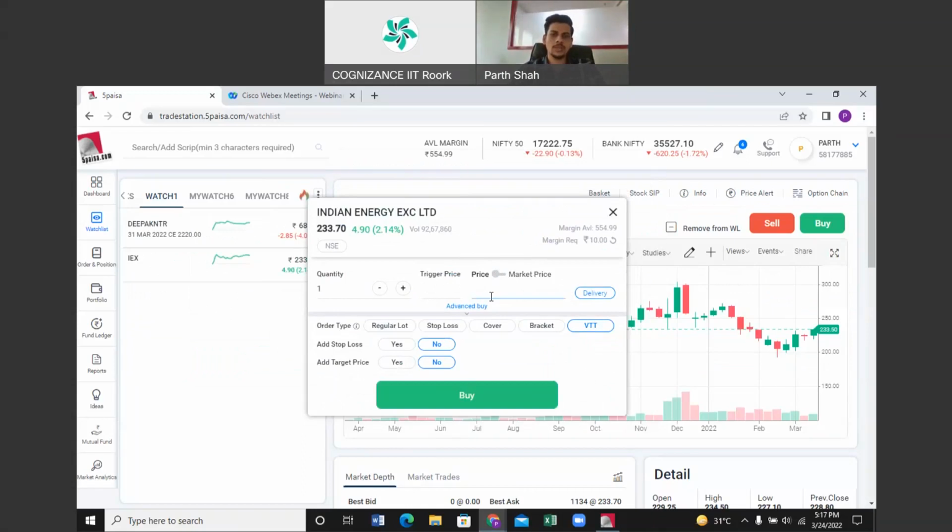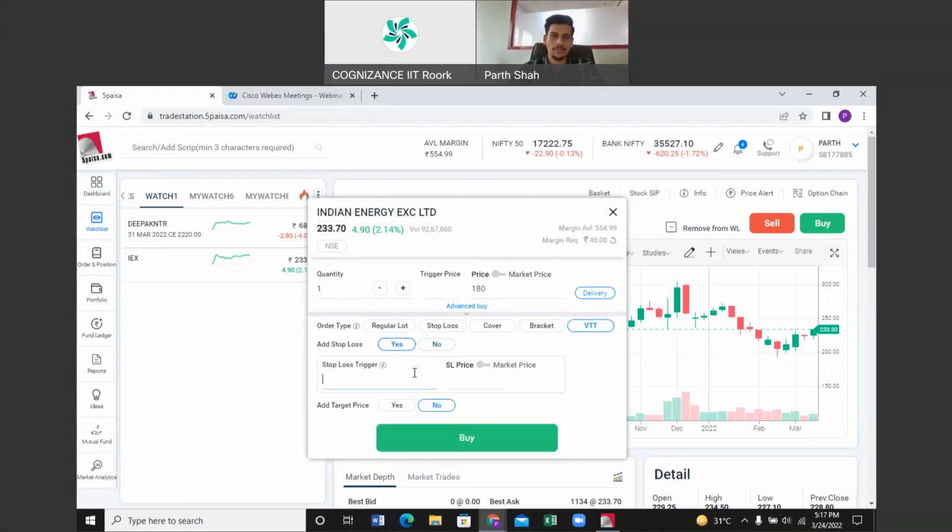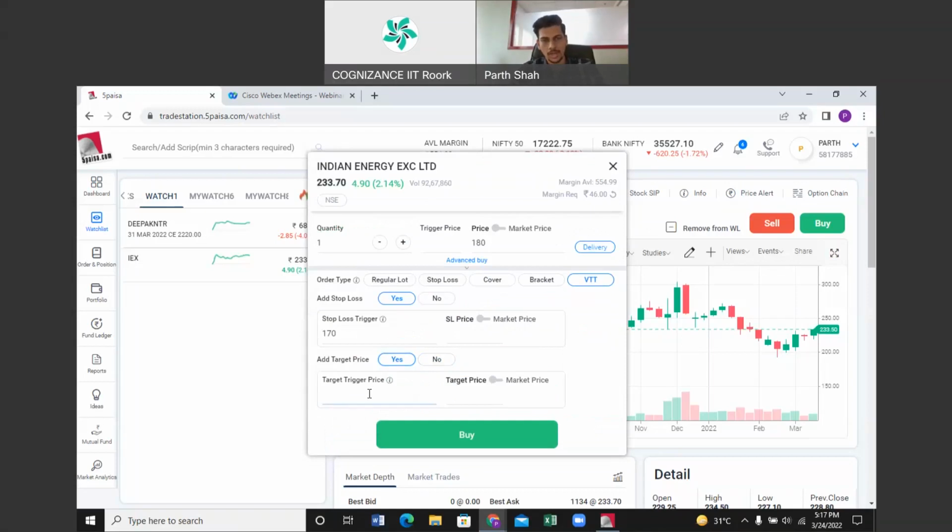Or say I want to purchase it for 180 rupees whenever the stock price reaches 180 rupees. And say I want to add the stop loss as well, where the stop loss should trigger if price goes below 170 rupees. And I have the target profit in my mind as well.